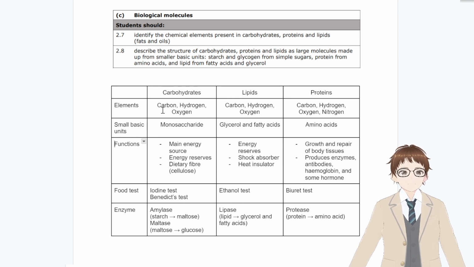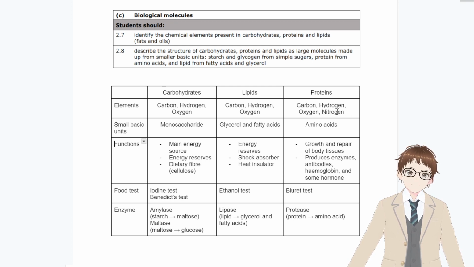Firstly, the elements in carbohydrates are carbon, hydrogen, oxygen, and for lipids it is the same. They have carbon, hydrogen, oxygen, and proteins have something different. They have carbon, hydrogen, oxygen, and nitrogen. There is nitrogen. Remember this.